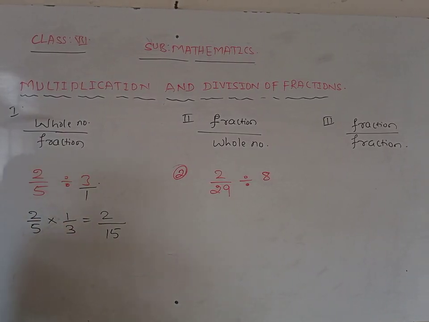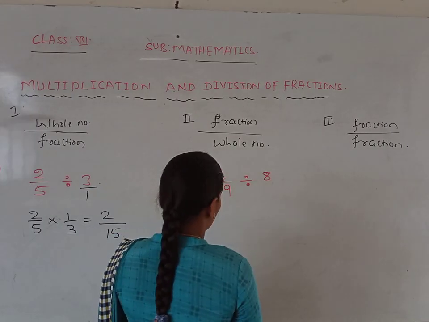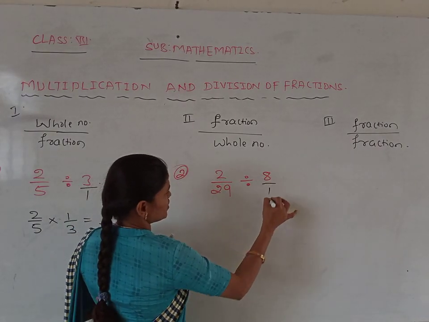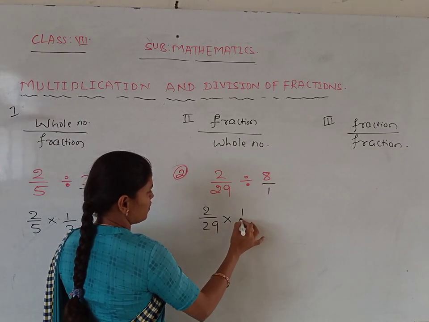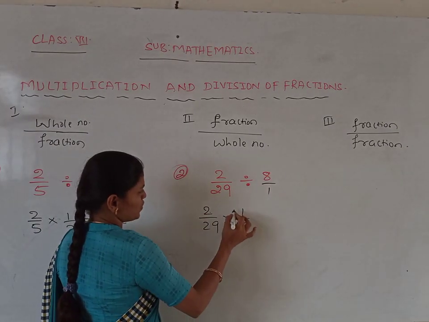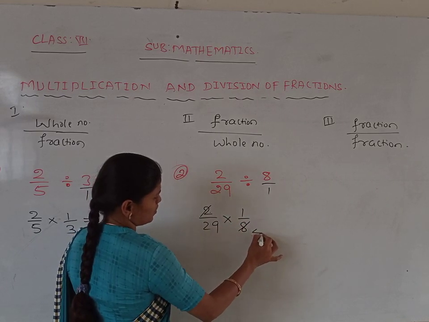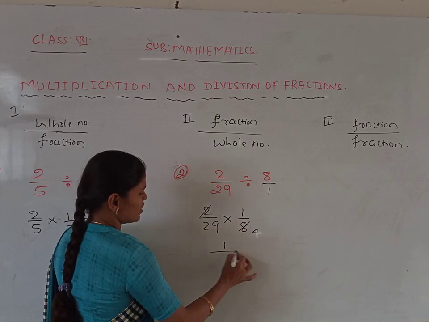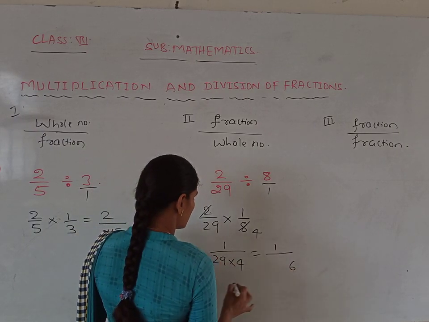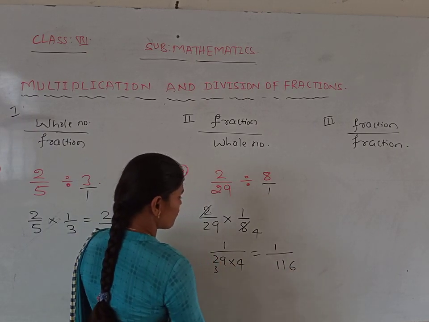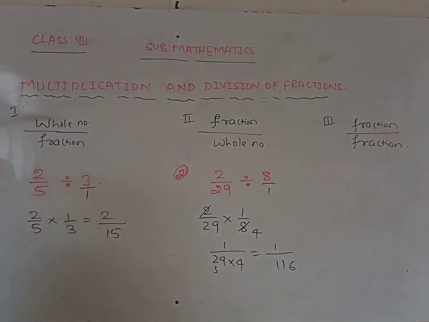Is it over? Okay, nothing means here divisible by 1. 2 by 29 into 1 by 8. 2 ones are 2, 2 fours are 8. So 1 divided by 29 into 4. 4 nines are 36, 4 twos are 8, 116. Easy questions.